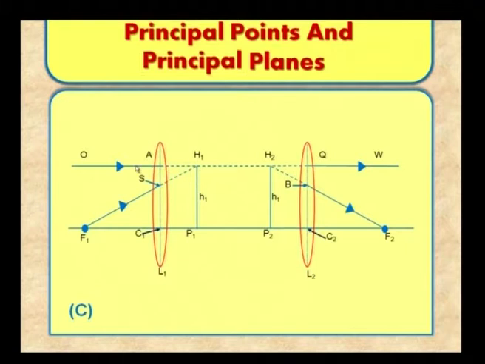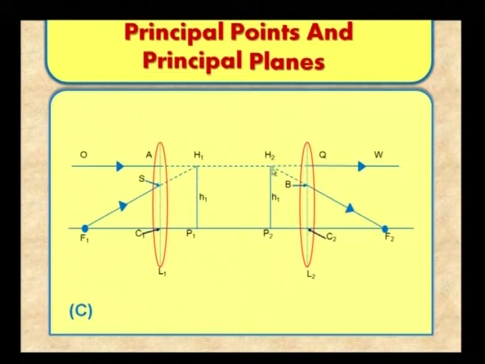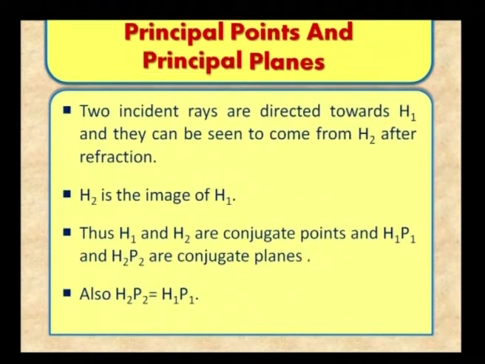The two light rays coming from the two points, along this direction OA and along this from the point F1, the two light rays which are coming here can be seen to come from H2 after refraction. H2 is the image of H1. Thus, H1 and H2 are called the conjugate points, okay, and H2P2 are the conjugate planes.